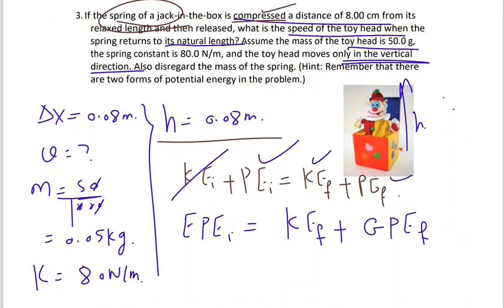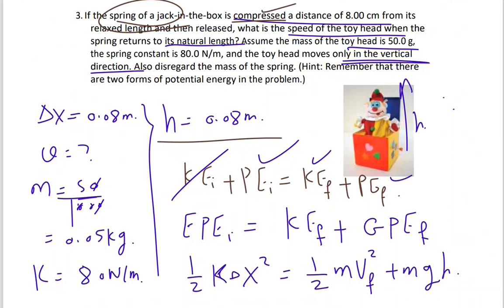Now let's substitute. This will be half k delta x squared equals half m v final squared plus mgh for the gravitational potential energy.